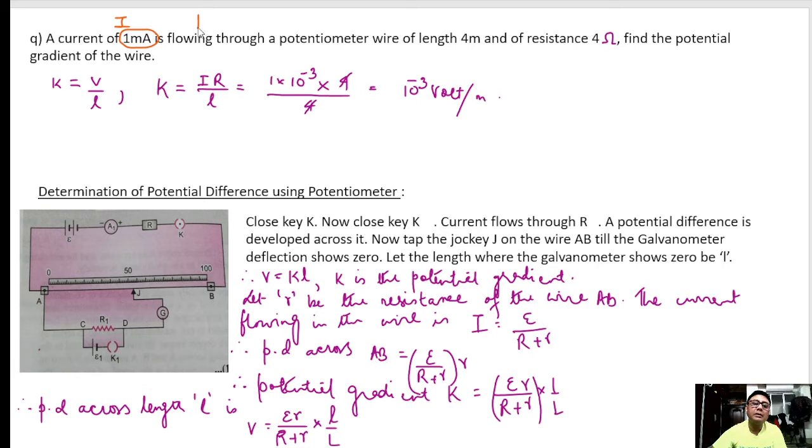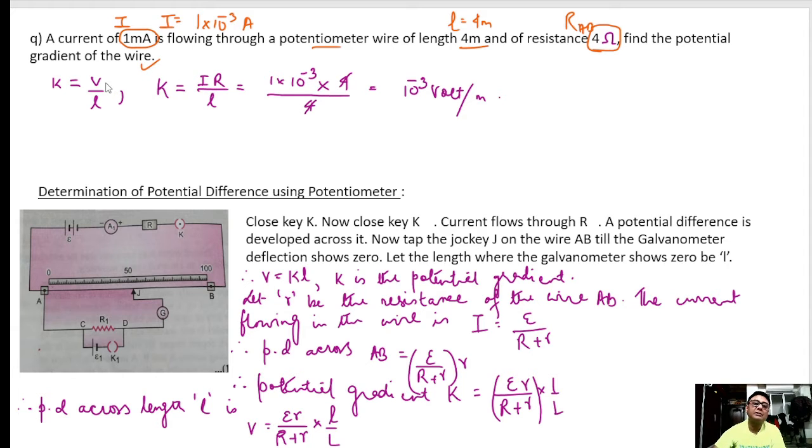This is the current flowing through a potentiometer wire of length 4 meters, and the resistance of the wire AB is 4. Find the potential gradient of the wire.